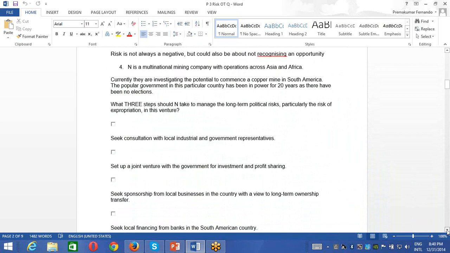Political risk is basically, after you make the decision, the other government, in this case the South American government, putting up some adverse regulations or adverse actions against you. So before you do that, what are the things you will do?